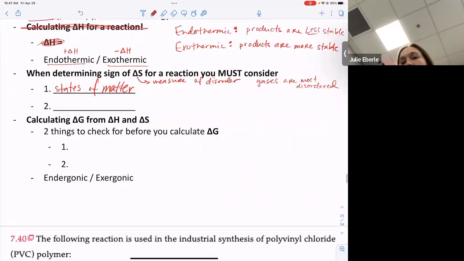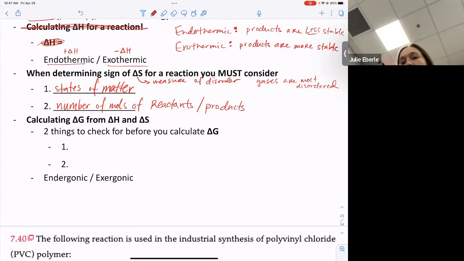And then also we said, consider the number of moles of reactants or products. As you go from reactants to products, are you making more moles of stuff?